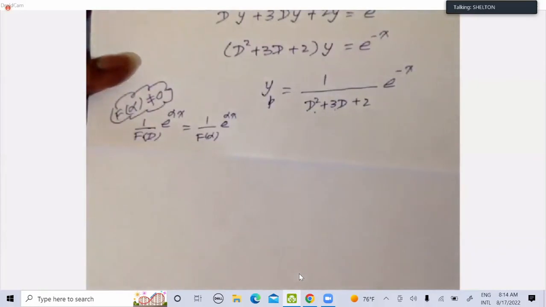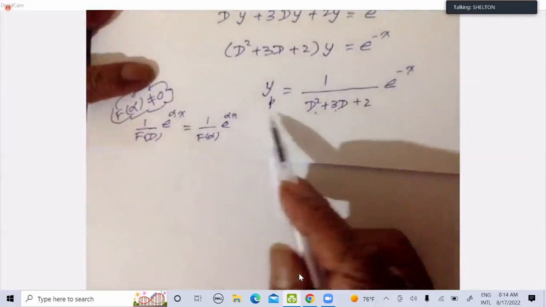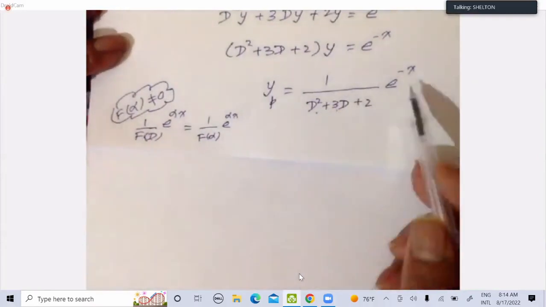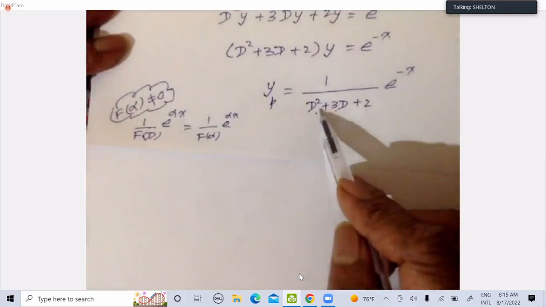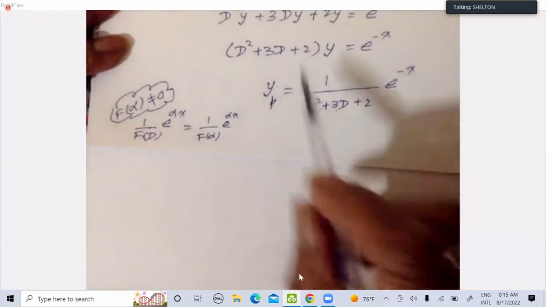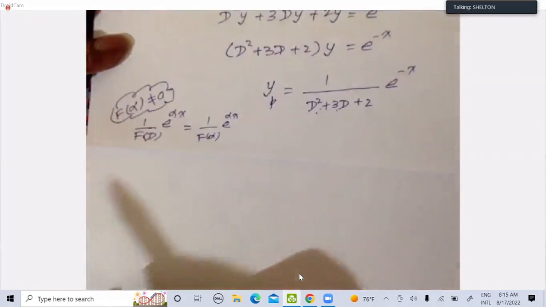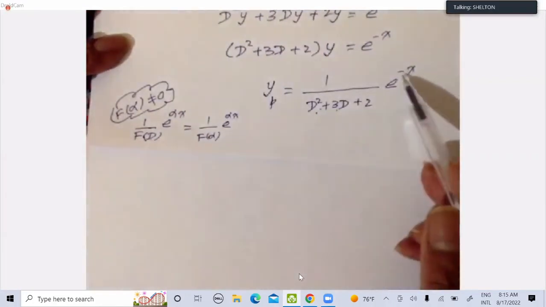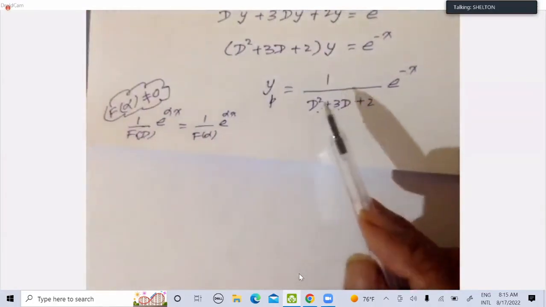Now, actually, I'm starting with an example where we can do that. You all know how to do this problem. Now you put minus 1 into this. What do you get? What will happen?